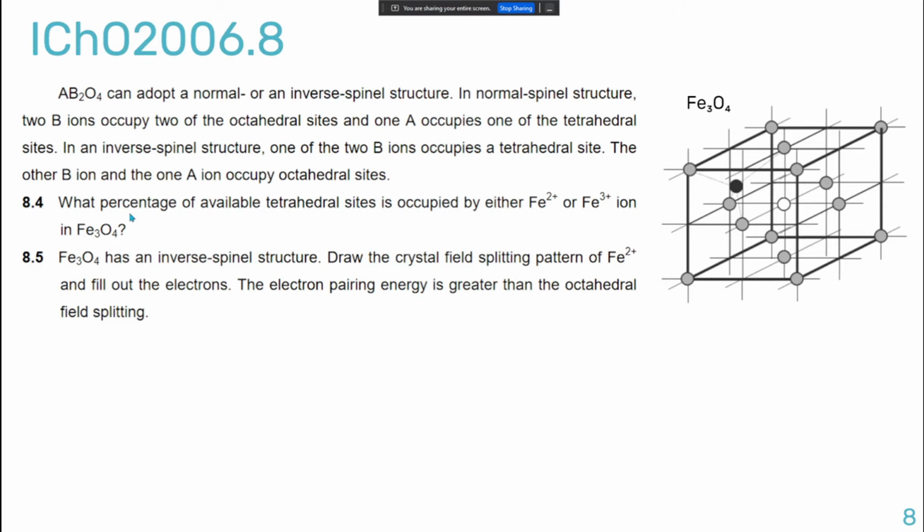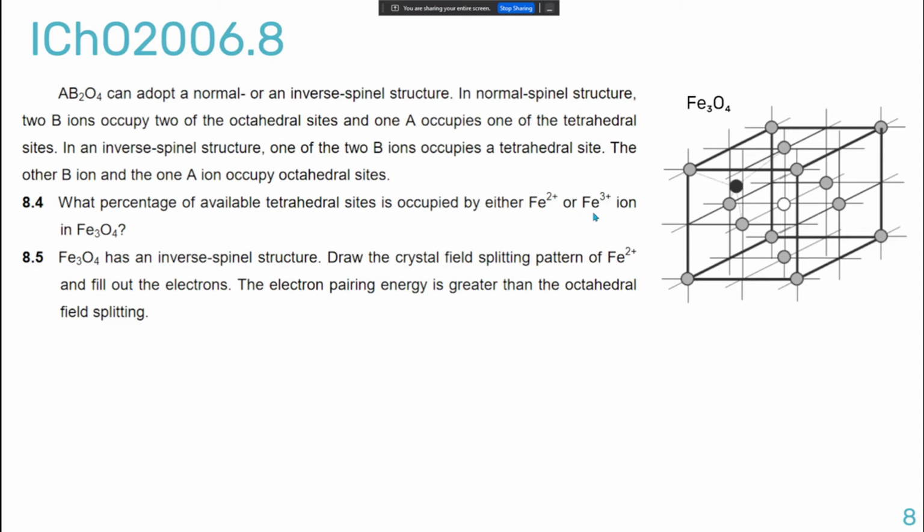And what is asked here is what percentage of available tetrahedral sites is occupied by either iron 2 plus or iron 3 plus? And this is a tricky question because it doesn't actually matter whether it is iron 2 plus or iron 3 plus.